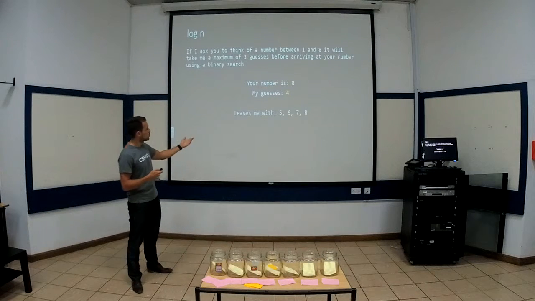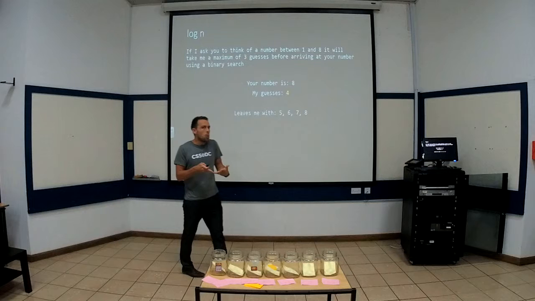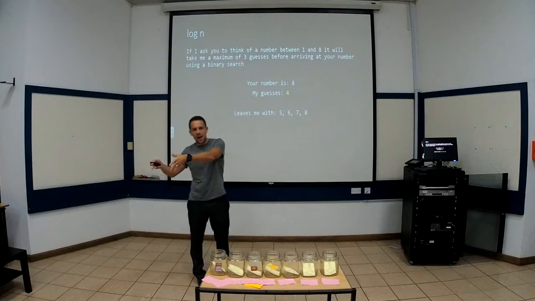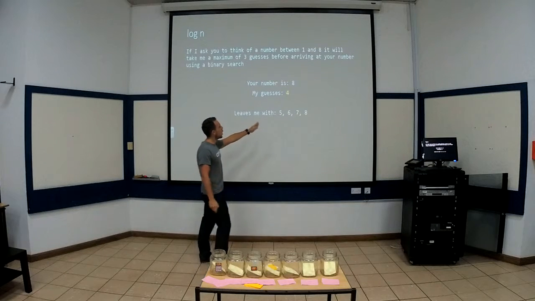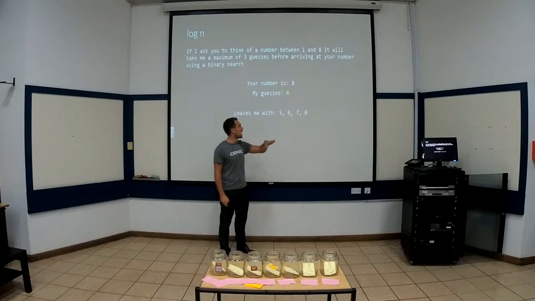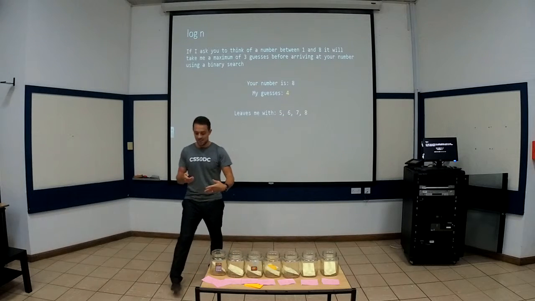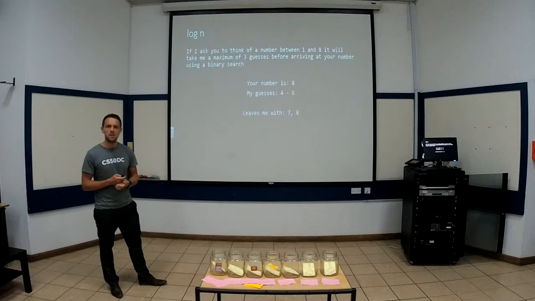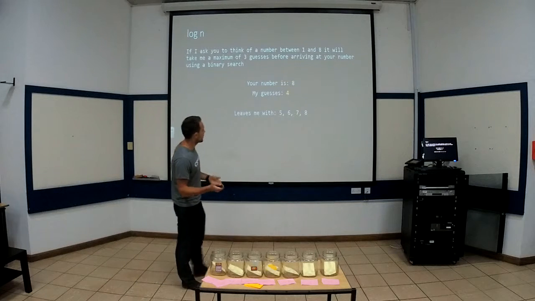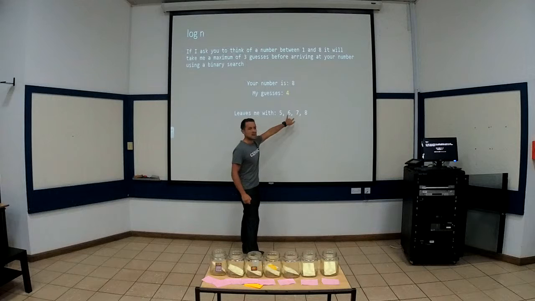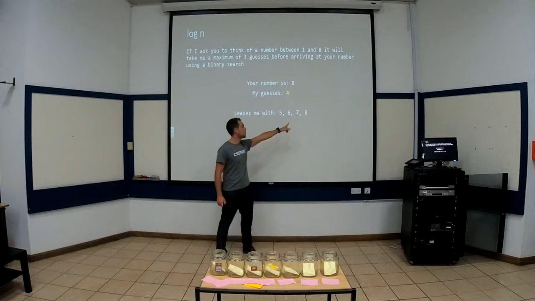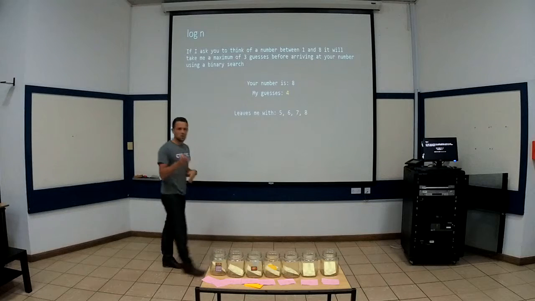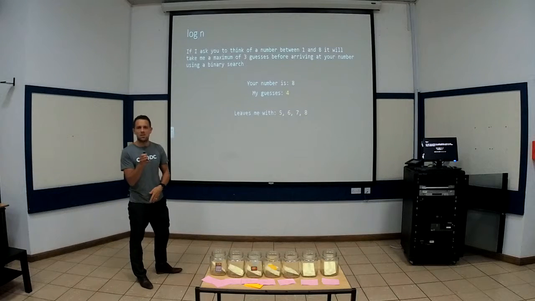Now, obviously, they will say, no, my number is higher than that, which leaves me knowing that it can only be 5, 6, 7, or 8. So my next guess would be 6, because I go for the middle number. When I say I go for the middle number, I can, in theory, choose any of these, but we would tend to use the first one, because we'd use floor division to find out what the middle is.